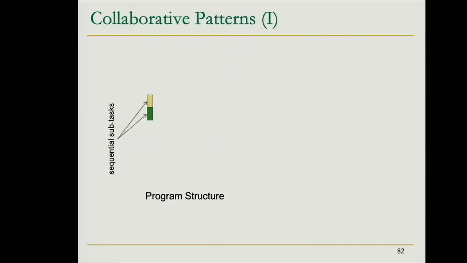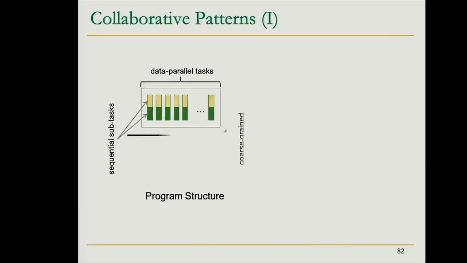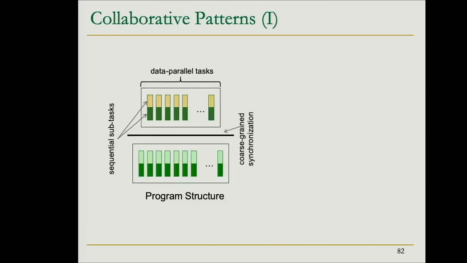With these features, we are now able to implement these collaborative patterns. This is what we originally have in a traditional accelerator model. In the traditional program structure, we have, for example, 2 kernels.